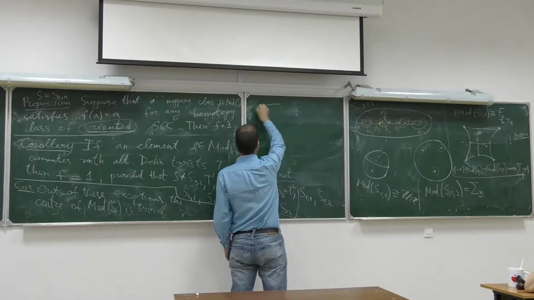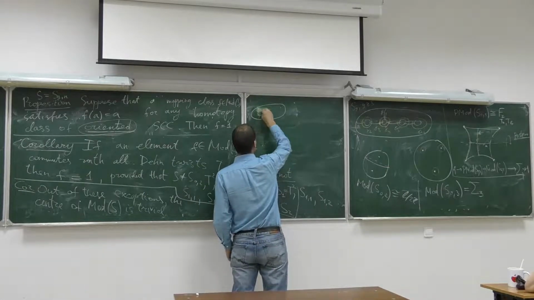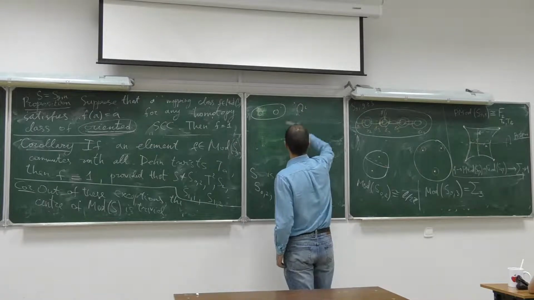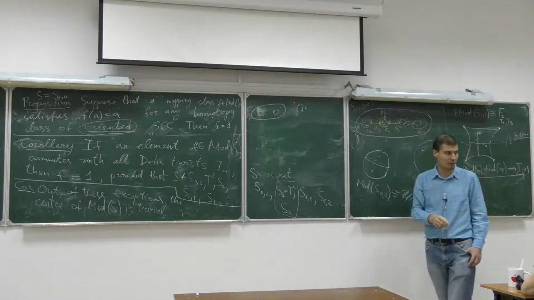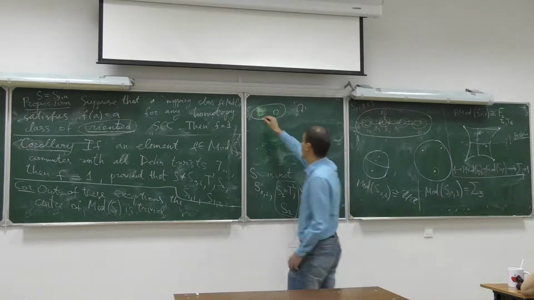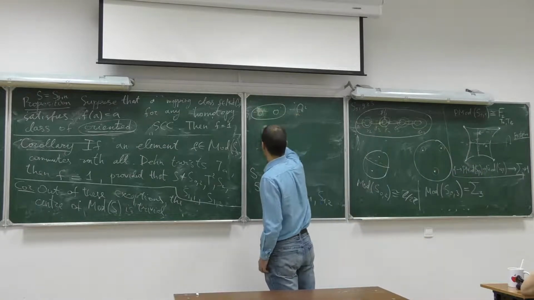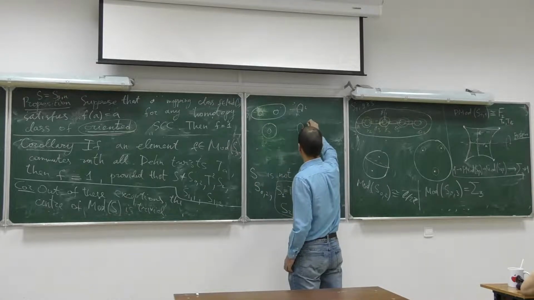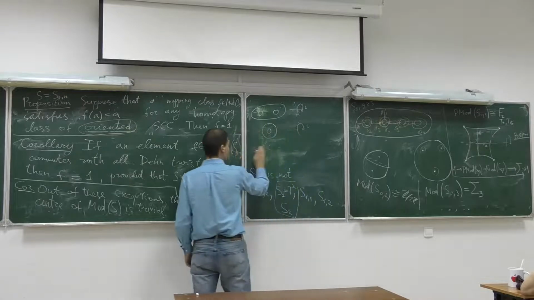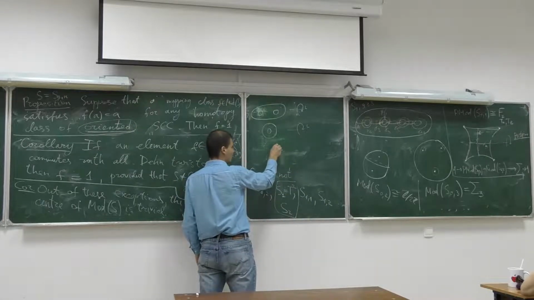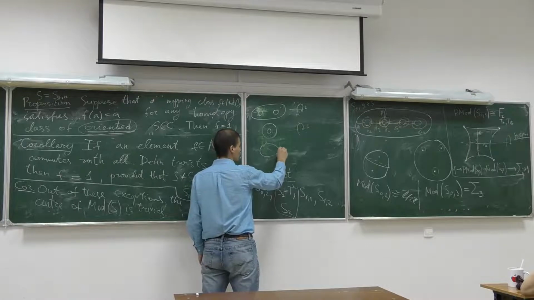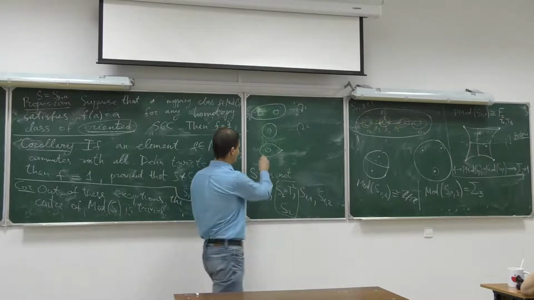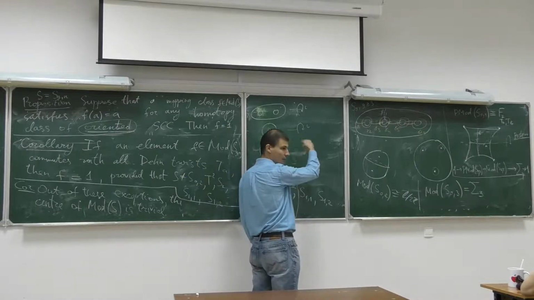So if we have a genus 2 curve, we have this hyperelliptic involution. I mean that the rotation is by the angle pi. Similarly for the torus, we have this hyperelliptic involution. Similarly for the once punctured torus, we have rotation about this axis.